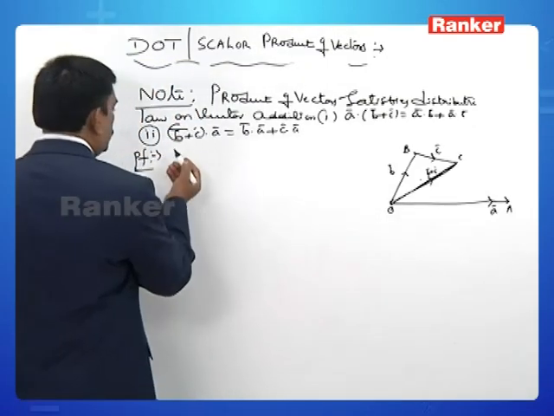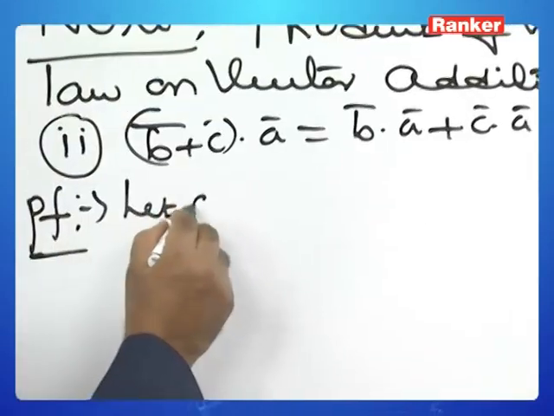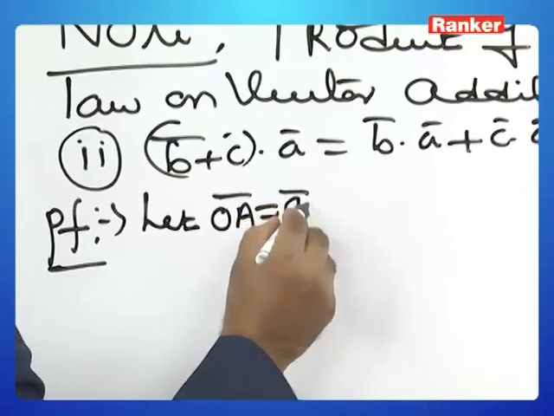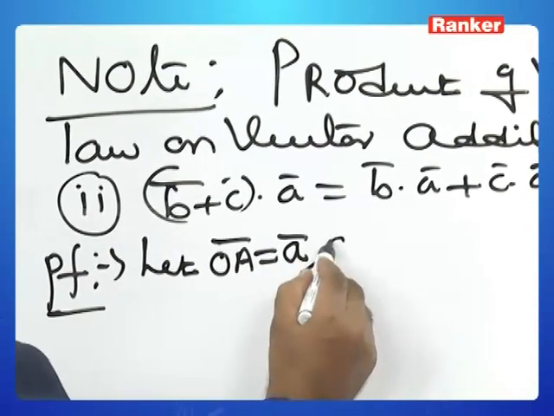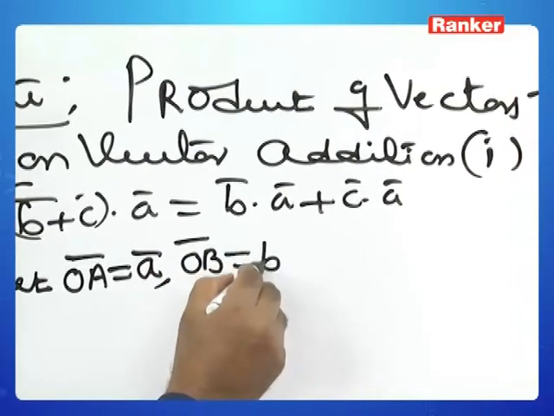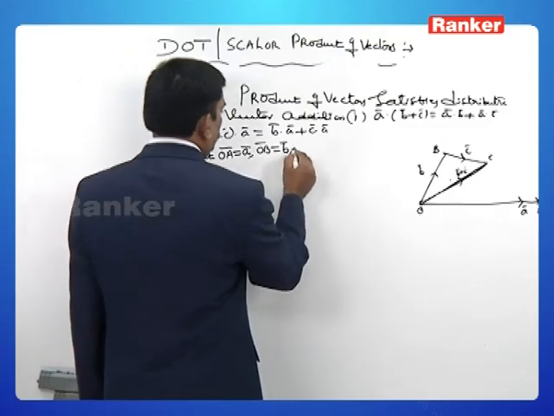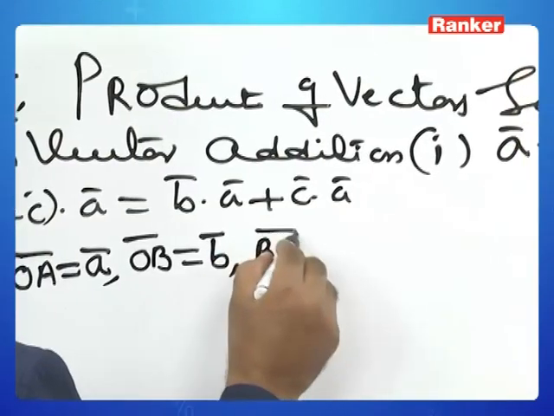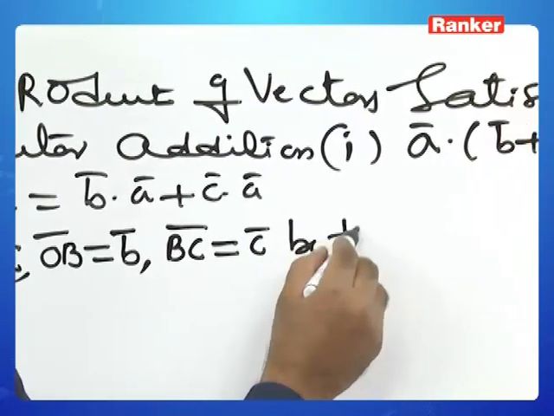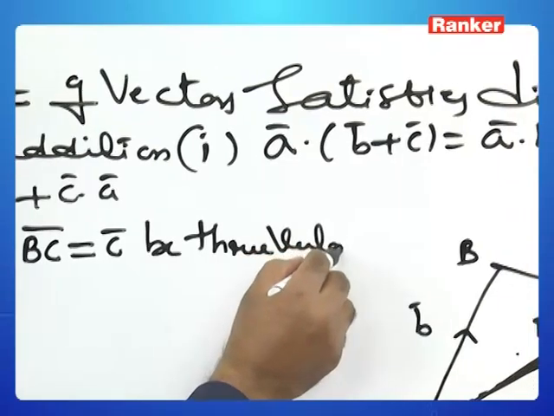I start. Let OA bar equal A bar, OB bar equal B bar, BC bar equal C bar be three vectors.